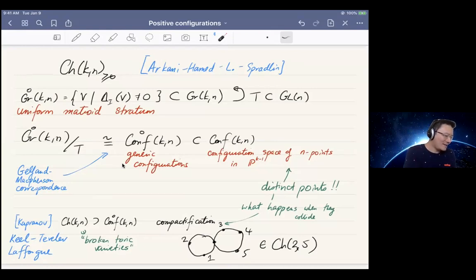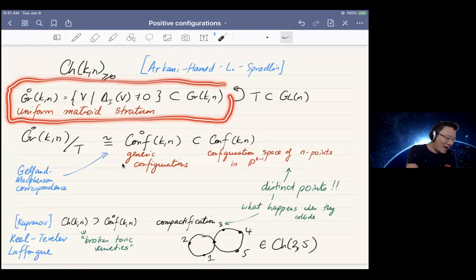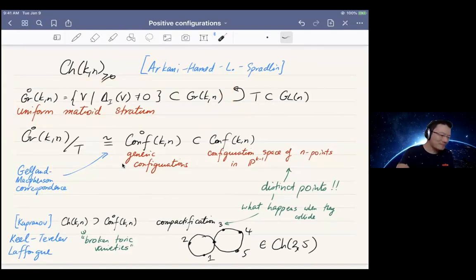Inside the Grassmannian is the collection of points which are as generic as possible. Those are the ones whose matroid is uniform. In other words, these are k by n matrices where every k by k minor is non-vanishing. I call this the uniform matroid stratum.